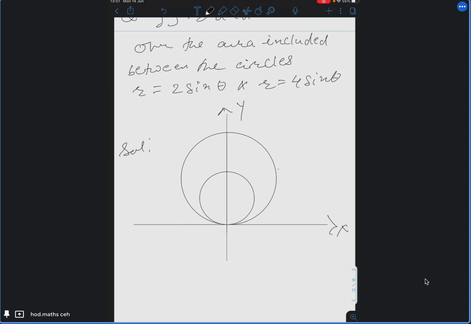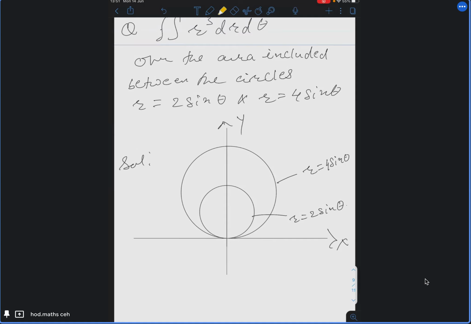The bigger one is r is equal to 4 sine theta and the smaller one is r is equal to 2 sine theta. And the region of integration here is the area included between these two circles. So the area included between these two circles will be this one. This much is the area included between these two circles.